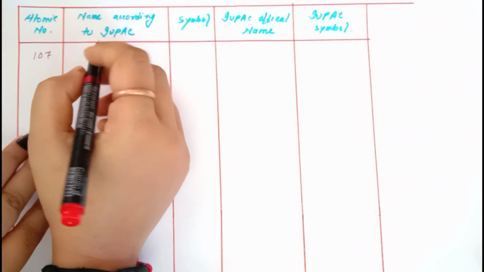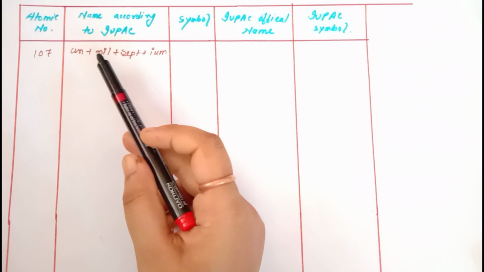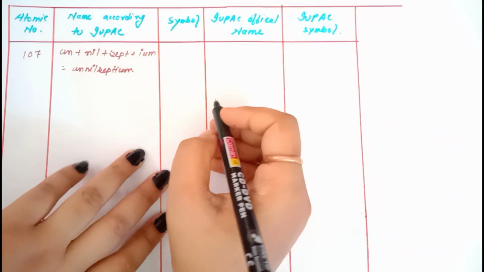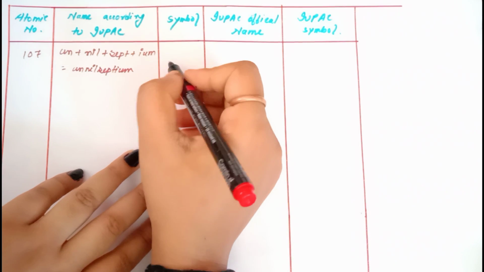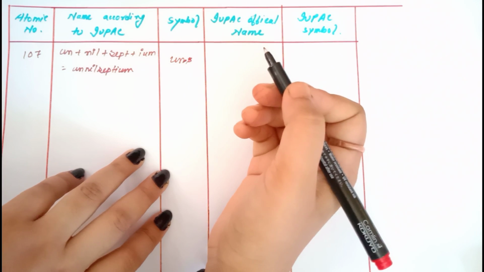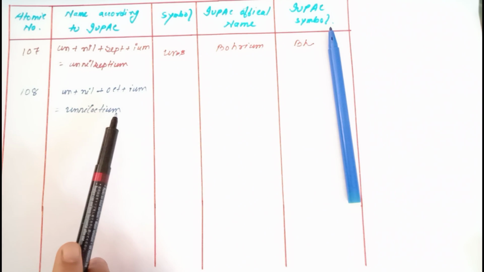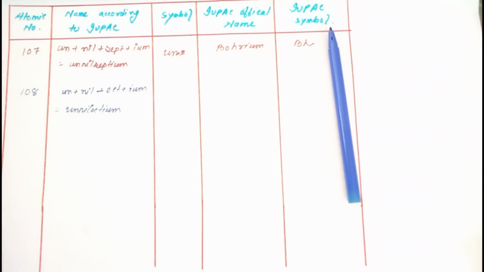For atomic number 107, its name will be what? Un plus nil plus sept plus ium. Unnilseptium. It is symbolized as Uns, and the IUPAC official name is Bohrium. The next element, atomic number 108, will be named Unniloctium, and it is symbolized as Uno.